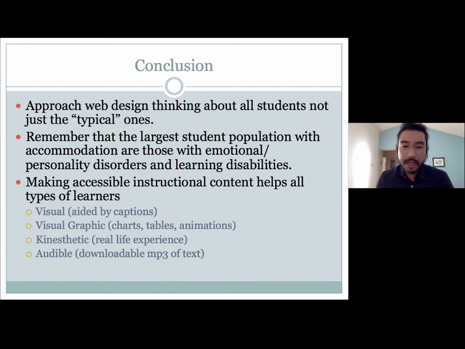Remember that the largest student populations with those with accommodation are those with emotional and personality disorders as well as learning disabilities. There's such a wide array of different learning disabilities and emotional and personality disorders that I can't give you advice as to how to design for them. But keep their learning styles in mind. Keep universal design for learning in mind.